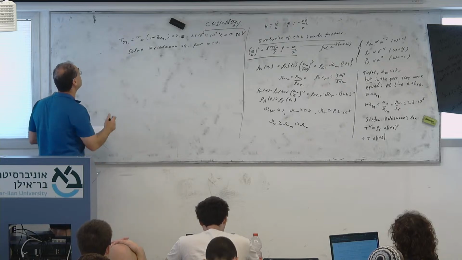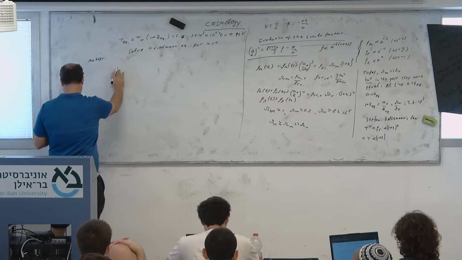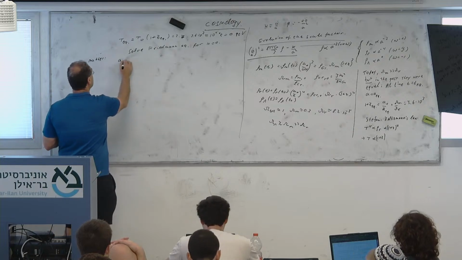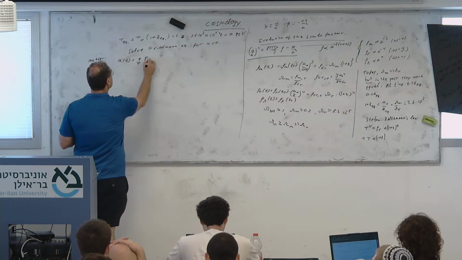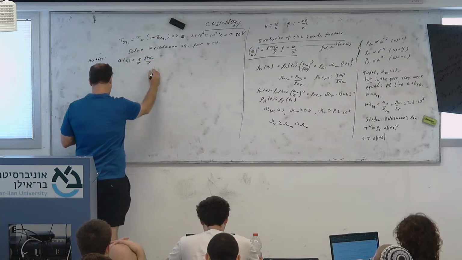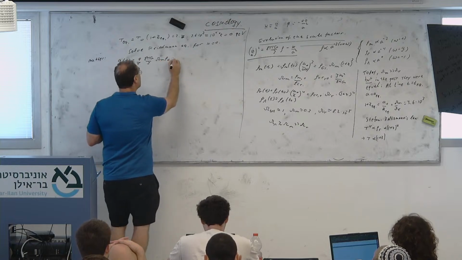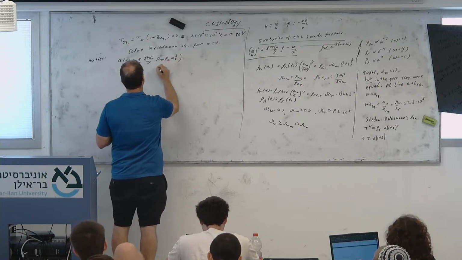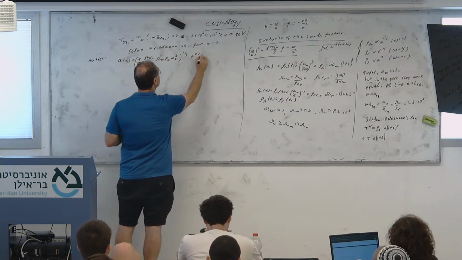So you end up with a of t. For matter, we have a of t equal to (9/4 times 8 pi G over 3 times omega matter rho critical a0 cubed) to the power 1/3 times t to the power 2/3.